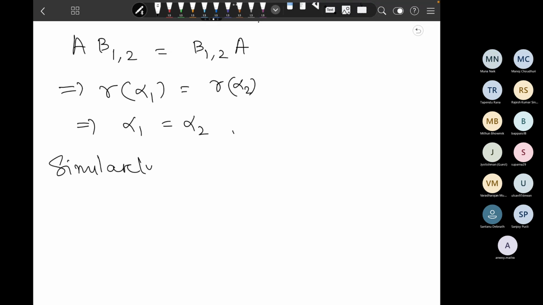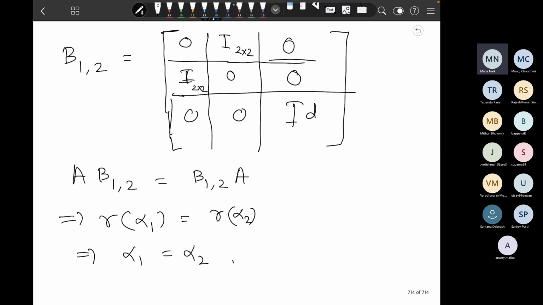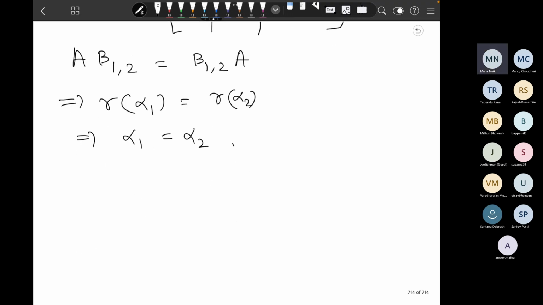Oh, one thing I just forgot to verify: this B12 corresponds to O2m, which is clear, but you have to show that the determinant of B12 is 1. That is easy.